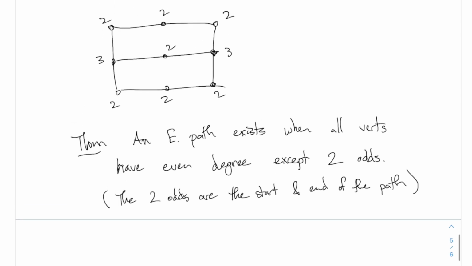The fact that they're odds means one of them can have an extra departure, which will be the starting point, and the other one can have an extra arrival, which will be the ending point. All of the other ones have the same number of arrivings and departures. This is how you know if an Euler path exists or not.